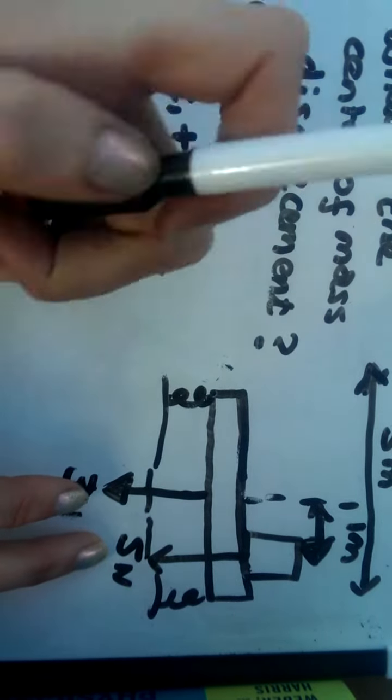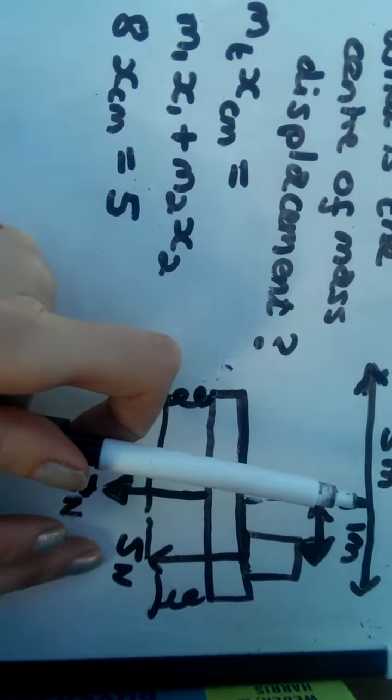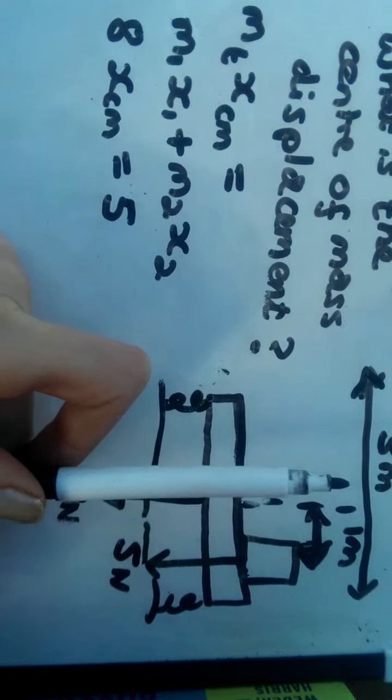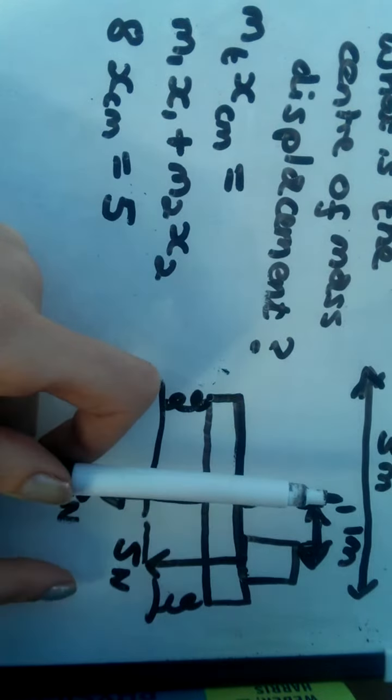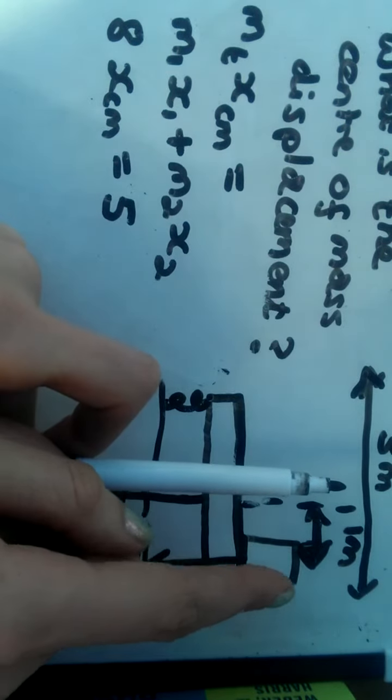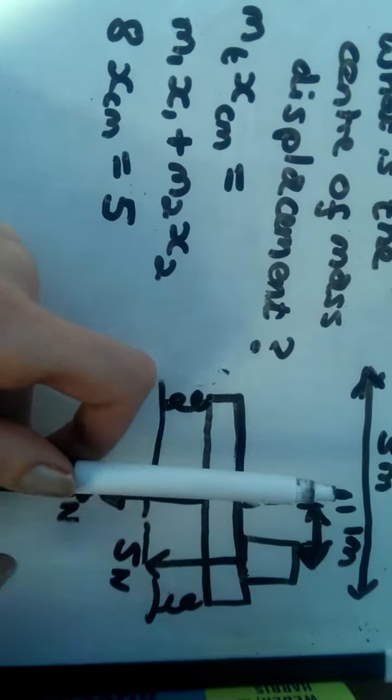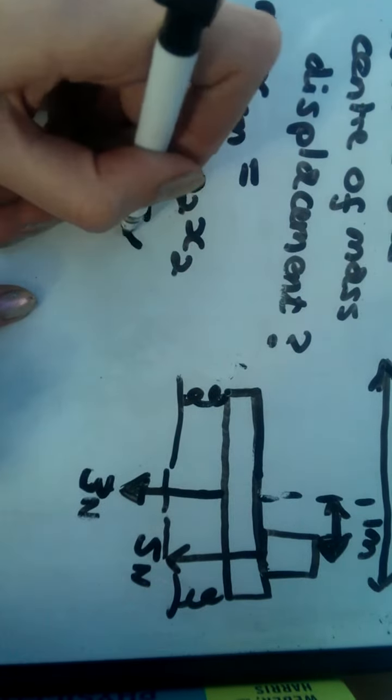We're going to take the centre of the plank to be the origin, which is going to simplify the question. So object 1 is 1 metre from the origin, so we have 5 times 1.